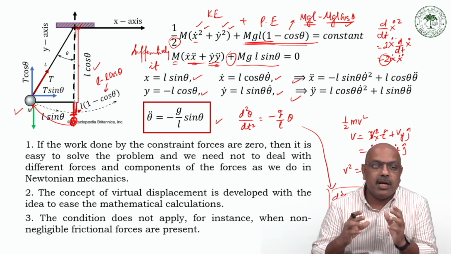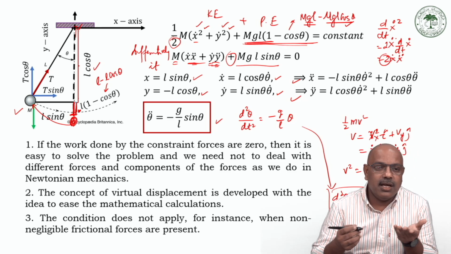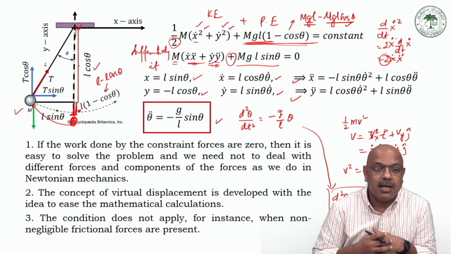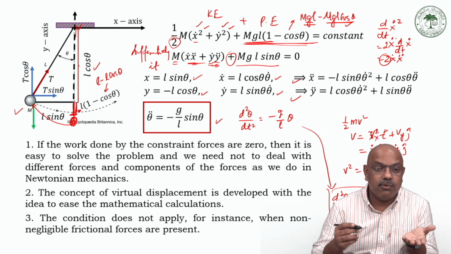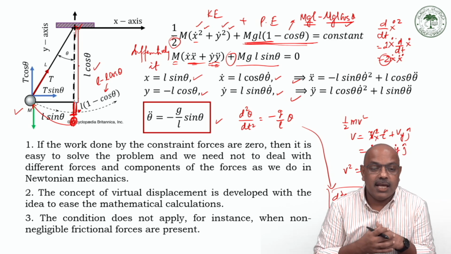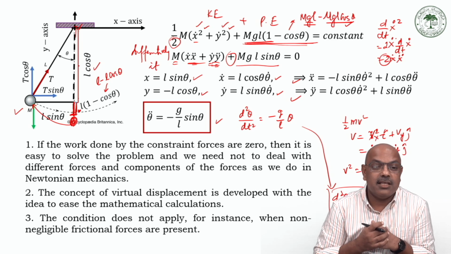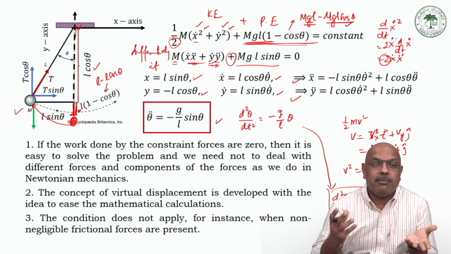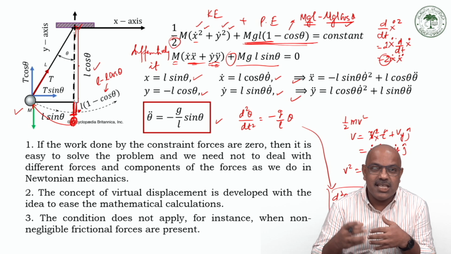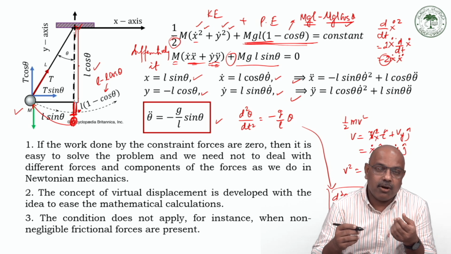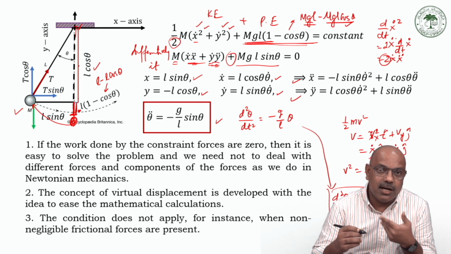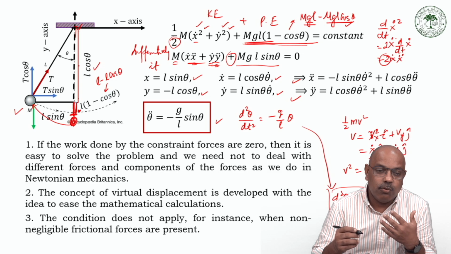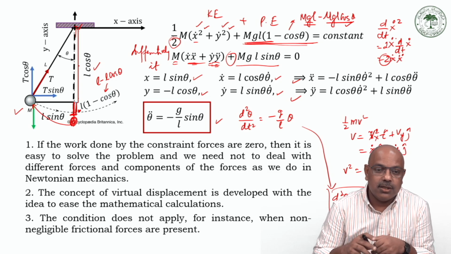If the work done by the constraint forces is 0, it is easy to solve the problem, and we need not deal with the different forces and their components as we do in Newtonian mechanics. That is the first thing. The second thing is that virtual displacement is a mathematical tool developed to ease the calculation of complicated systems under certain constraints, which we don't want to be bothered with.